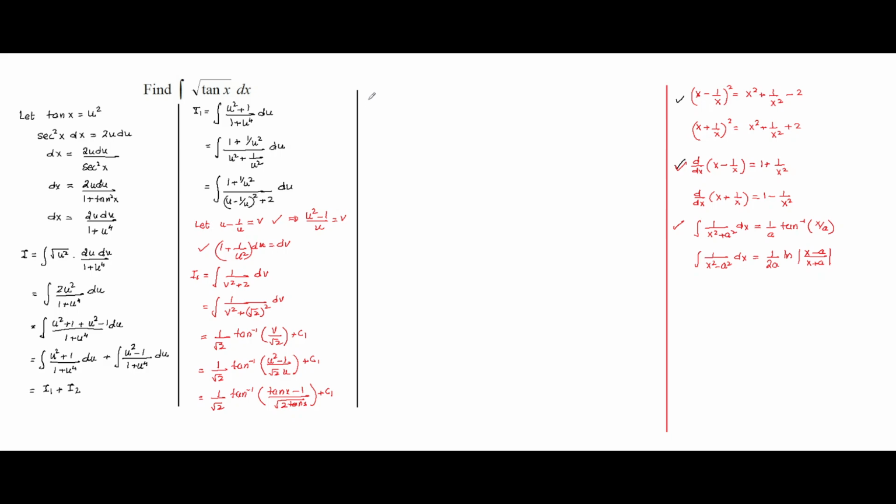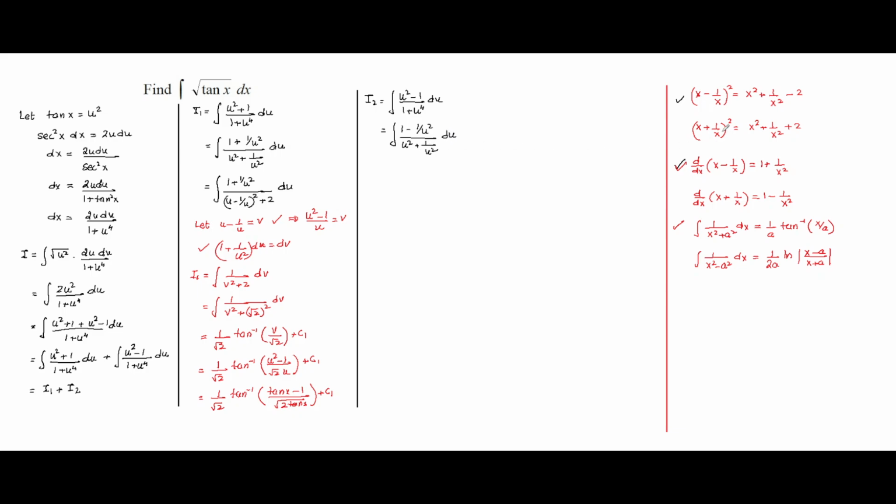Now we have I2 equals integral u squared minus 1 over 1 plus u to the fourth, and then dividing by u square on the top and the bottom, we get 1 minus 1 over u square over u square plus 1 over u square du.